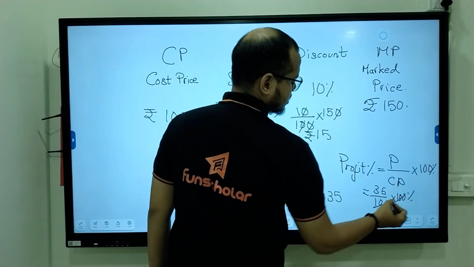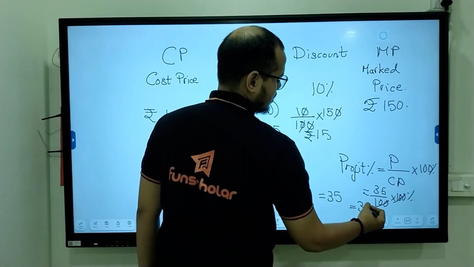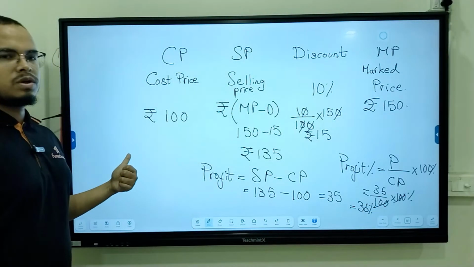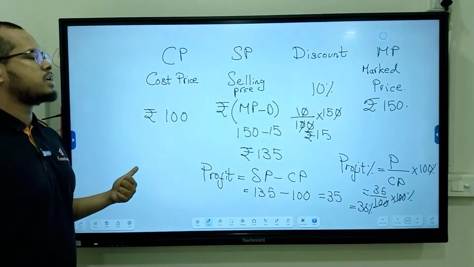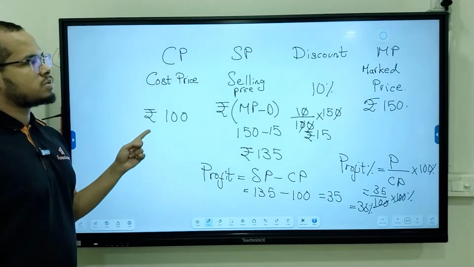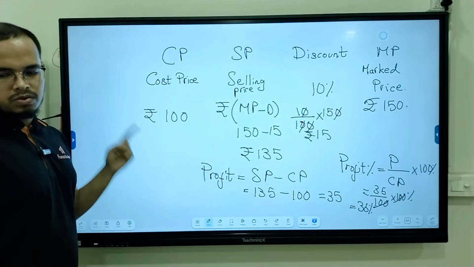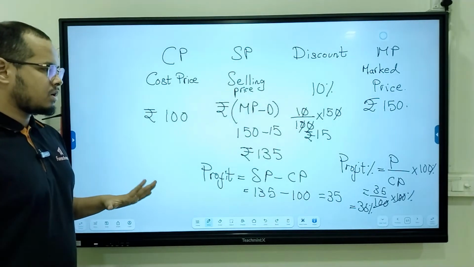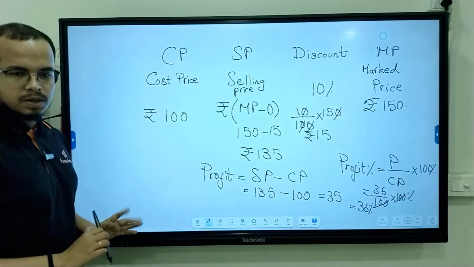This and this will cancel out, and the profit is nothing but 35%. Okay, so in this particular concept, we have understood everything there is to know about this chapter: cost price, selling price, discount, mark price. Okay, everything. Did you get it? So give this particular sum a minute.